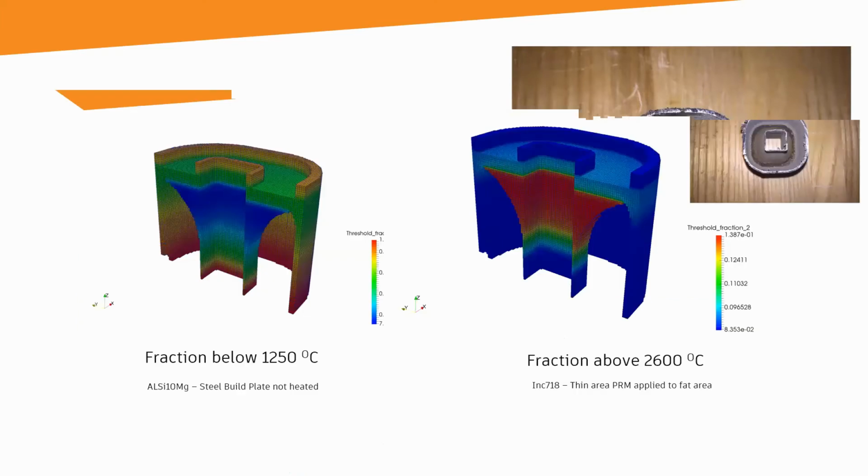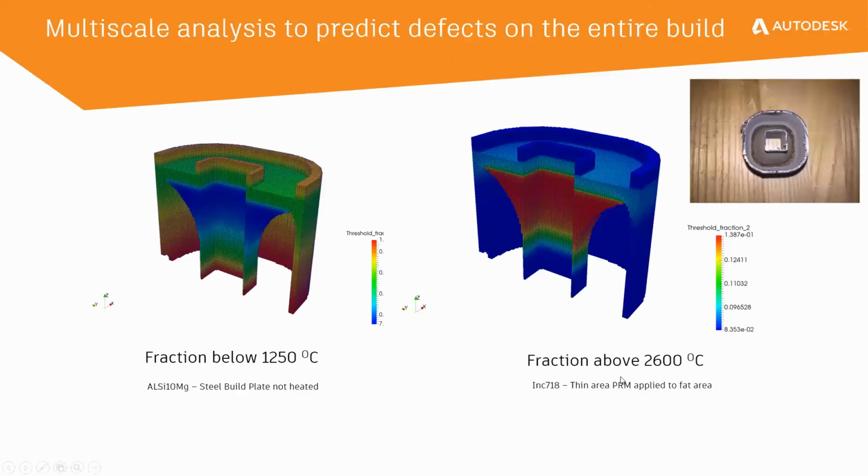Just to wrap it up before I jump into the validation, as you saw, using this approach, you're able to solve not just the distortion problem, but also the thermal problem. And you are able to do it in reasonable frames of time. That's because of our novel hex 8 elements and the multi-scale modeling approach.